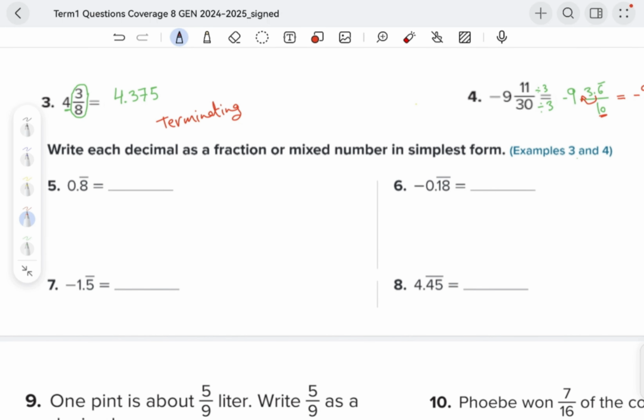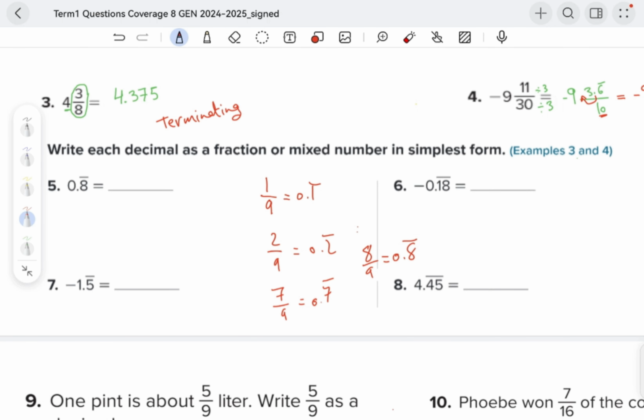Now in the next part, we're going to convert repeating decimals to fractions. In question number 5, we have 0.8 repeating. We know that if we have 1 out of 9, it means 0.1 repeating, 2 out of 9, 0.2 repeating, 7 out of 9, it's 0.7 repeating, and if we have 8 out of 9, it will be 0.8 repeating.